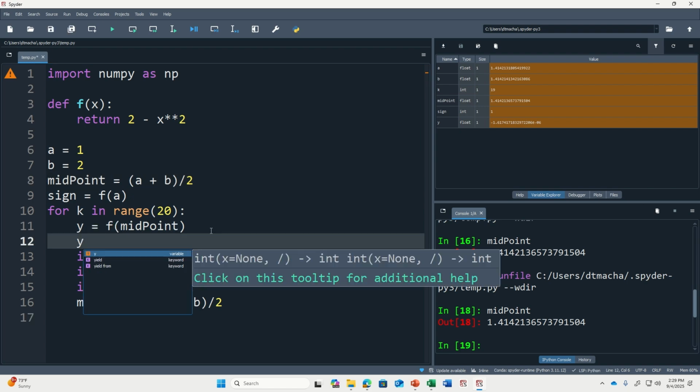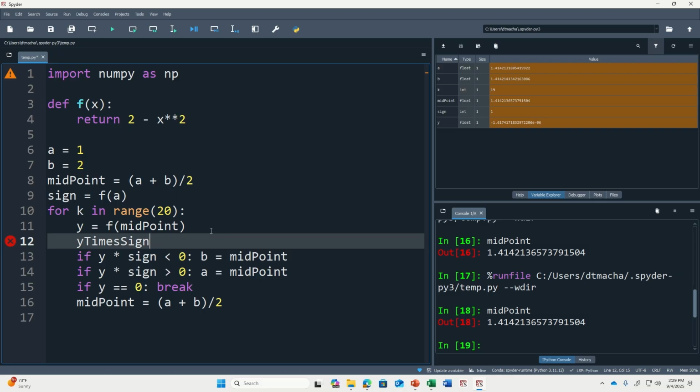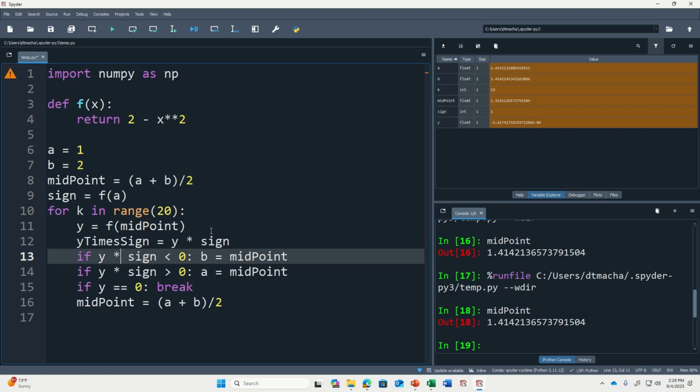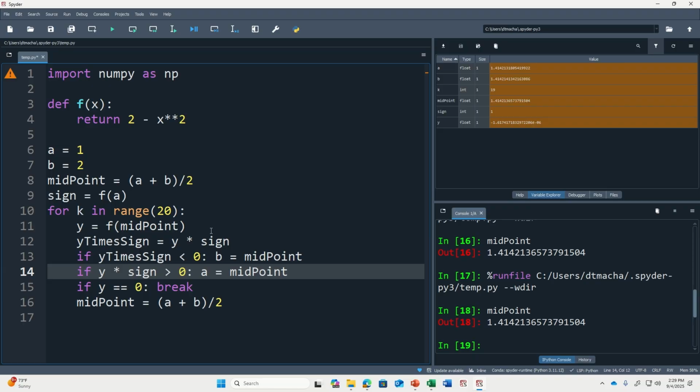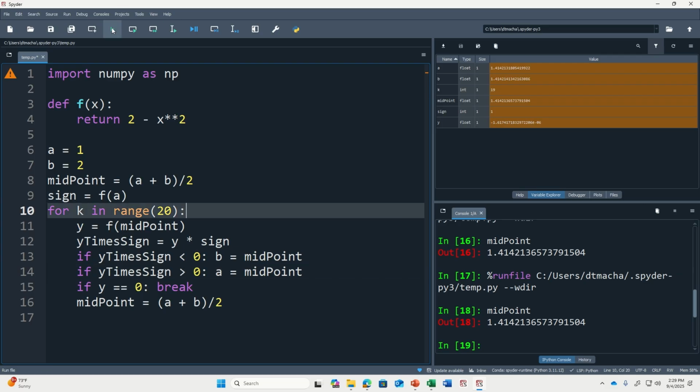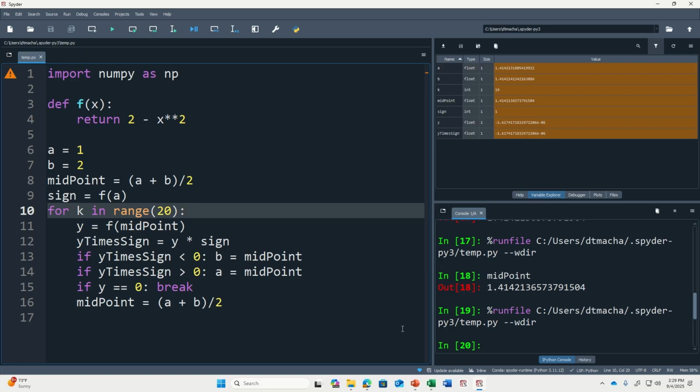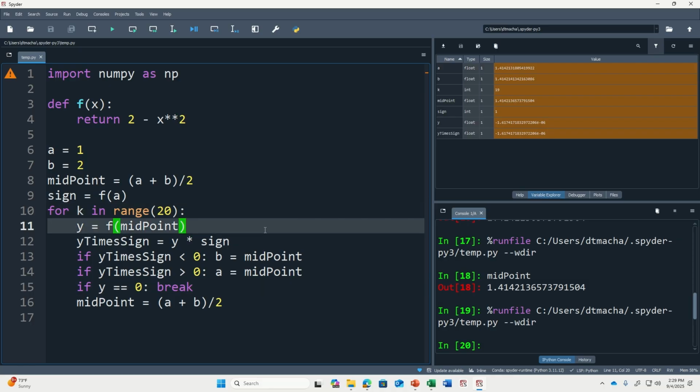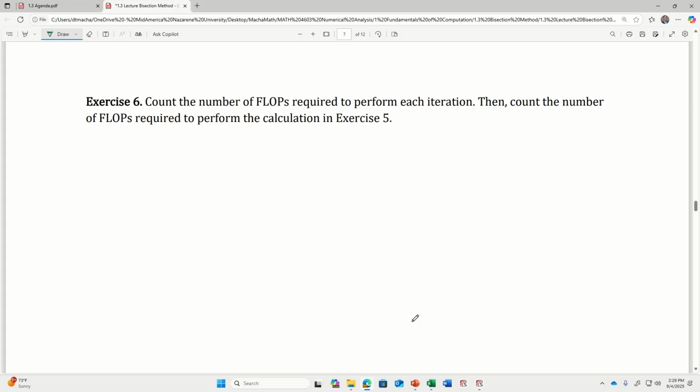I could be really fancy and make a variable called y times sine equals y times sine, but this is really overkill. Sometimes it's okay to just be basic and give it another flop or whatever, especially in this class where we are not writing production code. We are just trying to learn. And so let's say this is 5 flops or 6 flops, but we'll just say it's 5 flops per iteration.